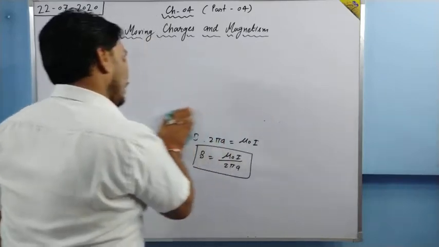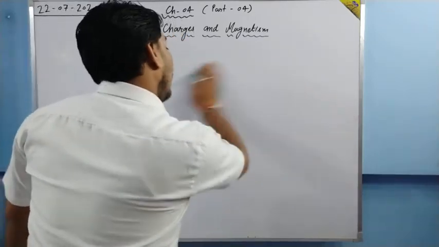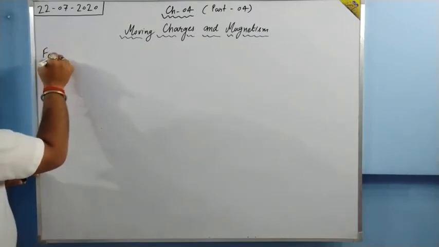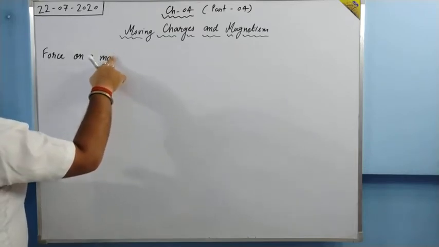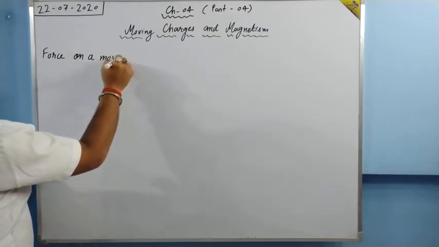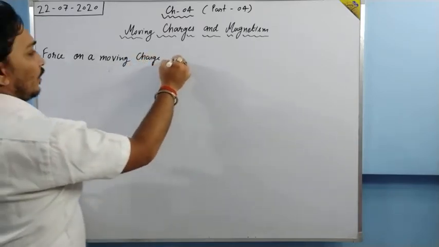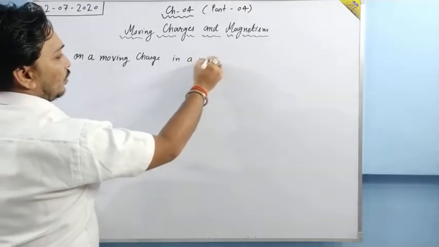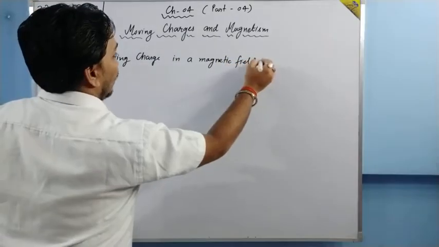Now we are moving to the second part of the chapter, and the second part is force on a moving charge in a magnetic field.